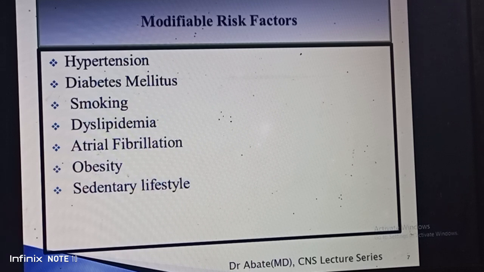And by ceasing smoking: if the patient is a smoker and discontinues smoking, the risk of developing stroke decreases.